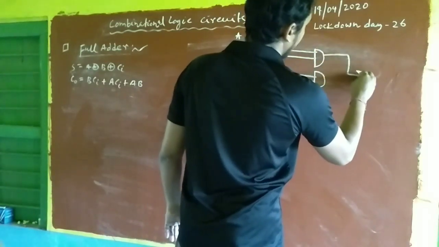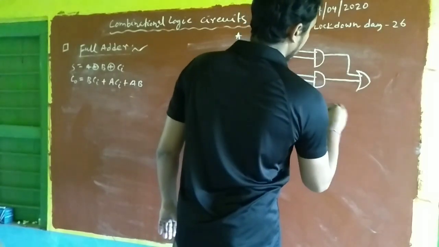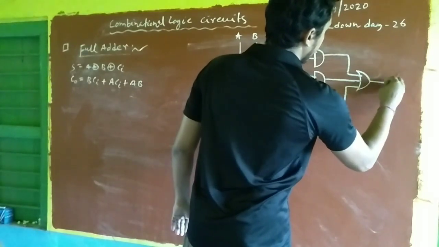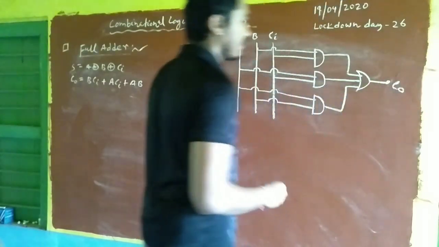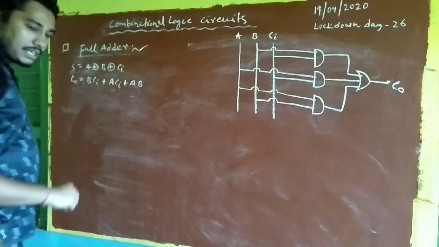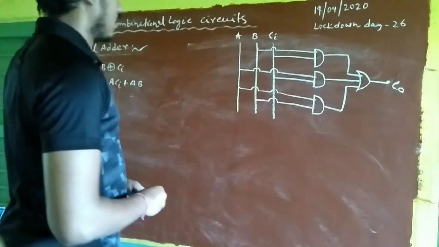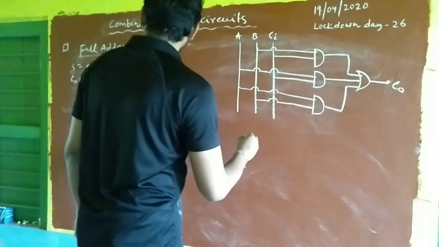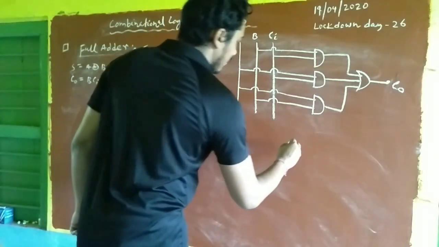So summation operation is performed here. These 3 outputs from the AND gates we are just getting, that is C out. So this is the circuit connection for the C out. Now we need to draw for the sum output also.